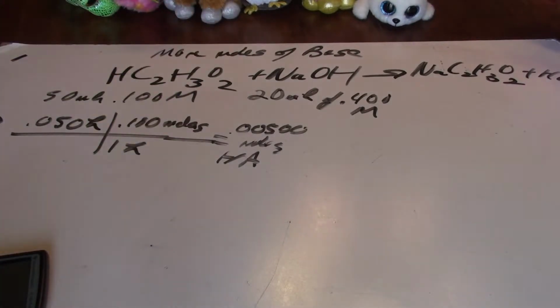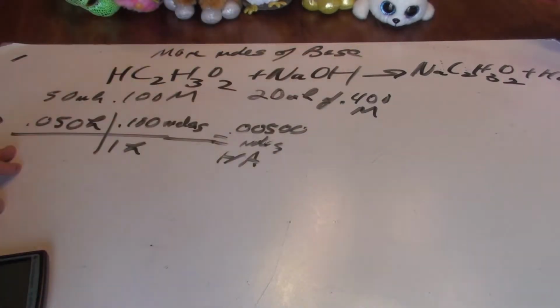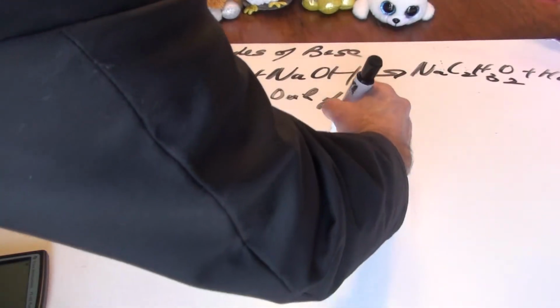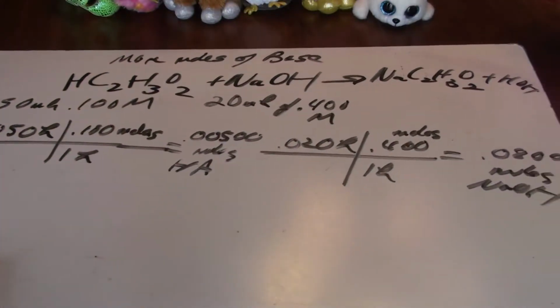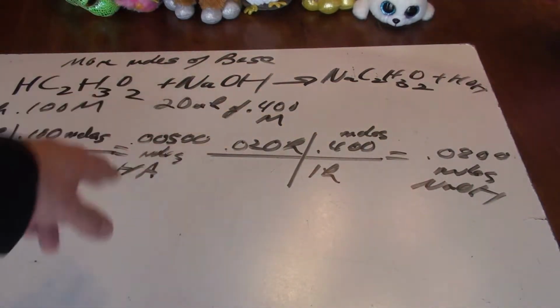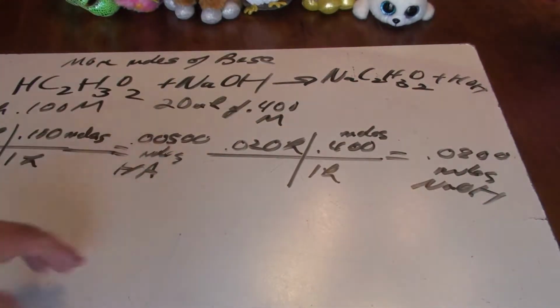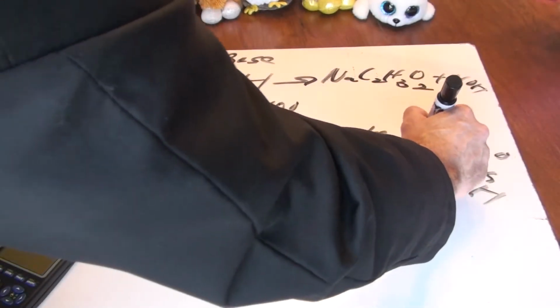What we care about is the number of moles. Just as we did with the acetic acid, we're going to calculate the moles of sodium hydroxide. So 0.020 liters, 1 liter is 0.400 moles, and that's going to give us 0.0800 moles of sodium hydroxide. As you can see, there are more moles of base than there are moles of acid. 0.0800 versus 0.00500, I believe there are 2 zeros here.